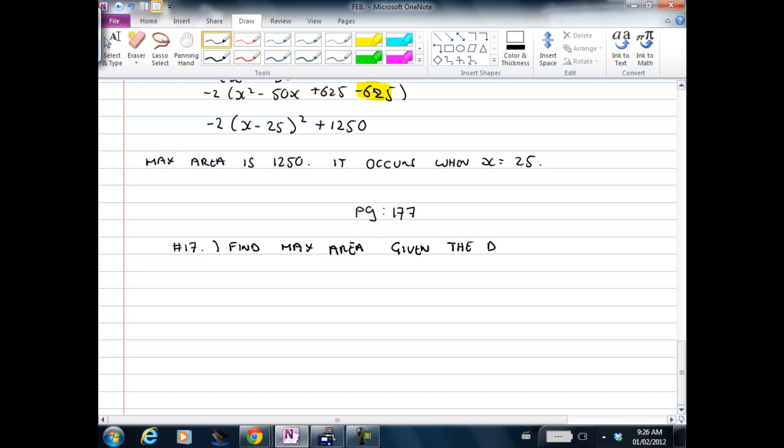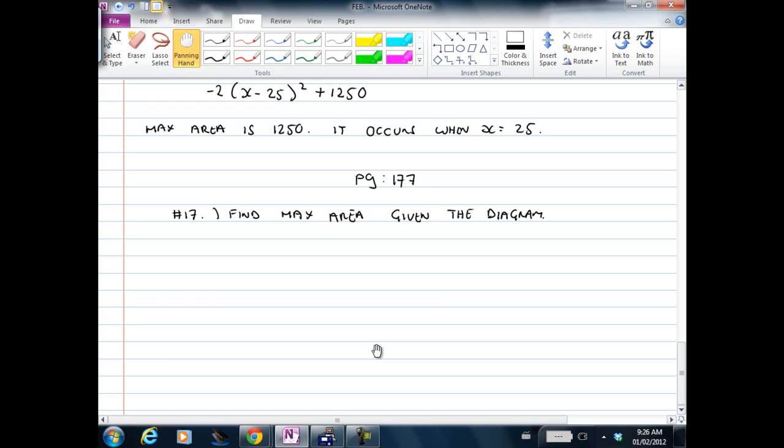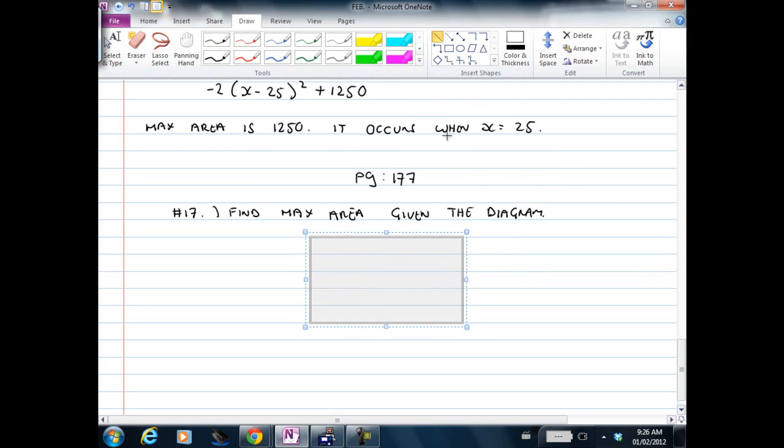You can ignore all that A, B, C to F stuff, because when you find the max area given the diagram, you're covering A to F. So here's your diagram from 17, and I'll give you the whole class to work on this.